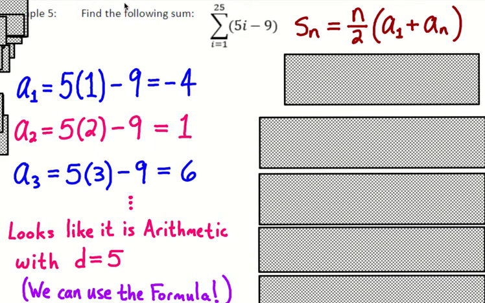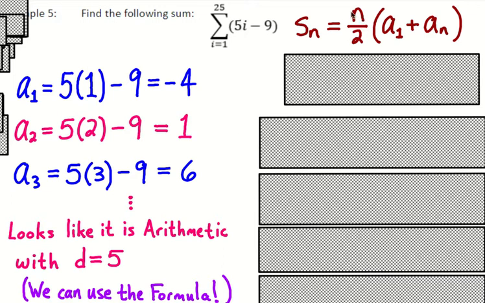Or heck, maybe the directions will be kind enough to literally say that the following sum is arithmetic in the directions. But, and by the way, coincidence that the common difference is 5? Seeing as how there's a 5 right there. Coincidence? I think not.